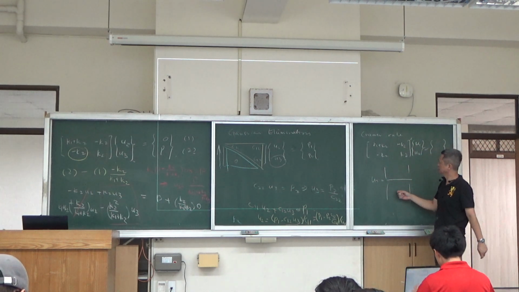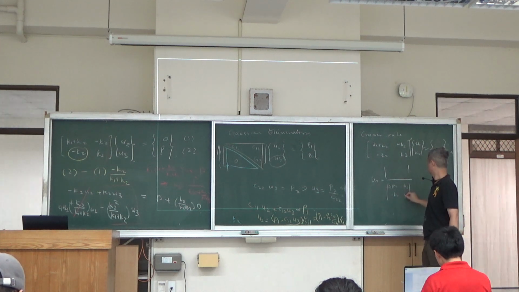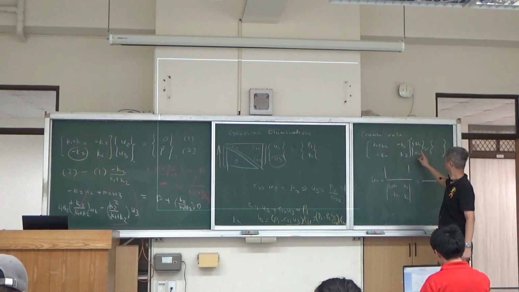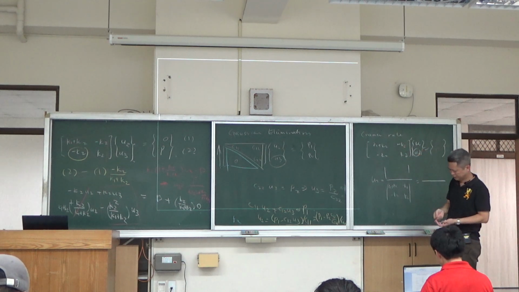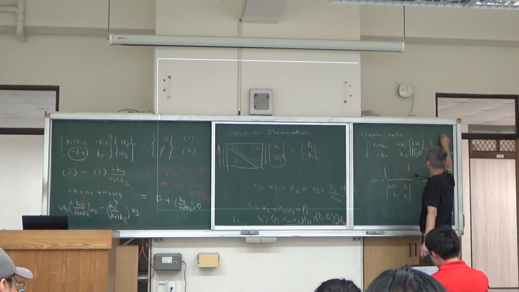The first determinant in the denominator is the determinant of the stiffness matrix. Okay, and then because this is the second variable, the second variable should have the second column replaced by the right hand side.